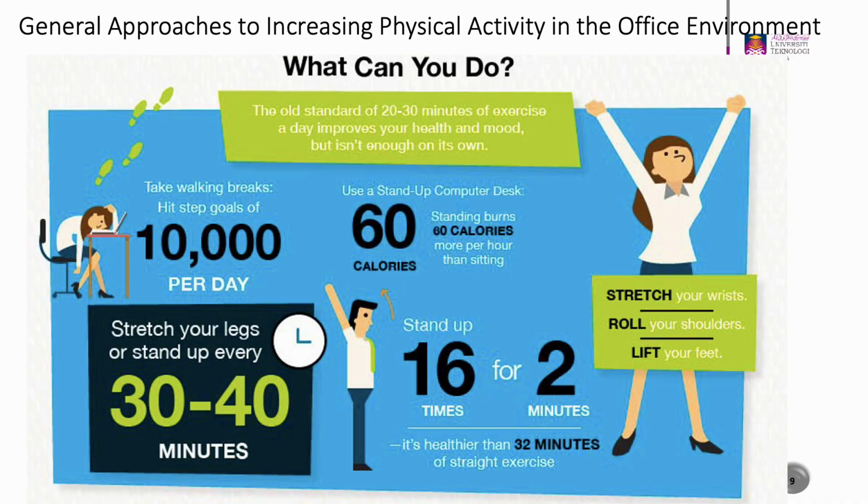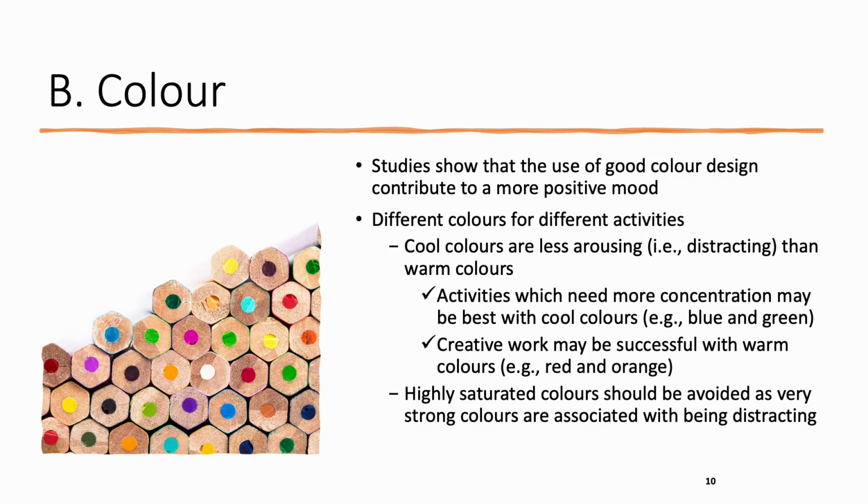Some examples of movements the workers can be encouraged to perform include walking breaks to achieve 10,000 steps per day, stretching every 30 to 40 minutes, and using a stand-sit desk to stand up from sitting positions regularly throughout the day.